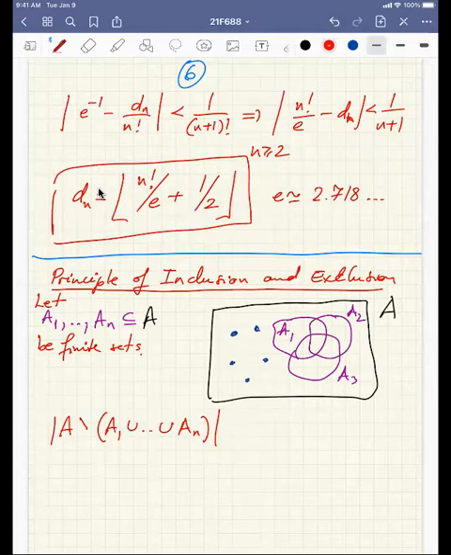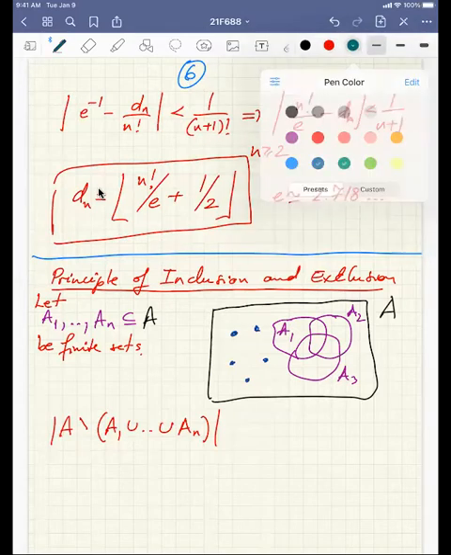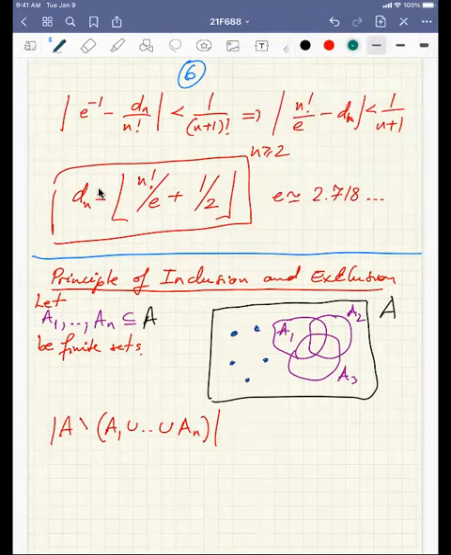Well, it turns out there is a nice formula for the cardinality of this set. To give the formula, I need to introduce a notation.